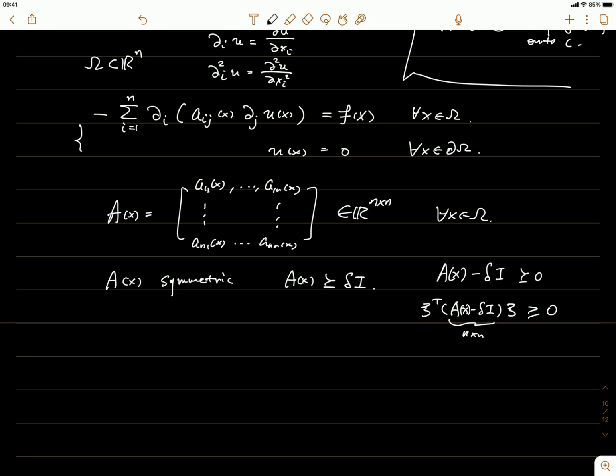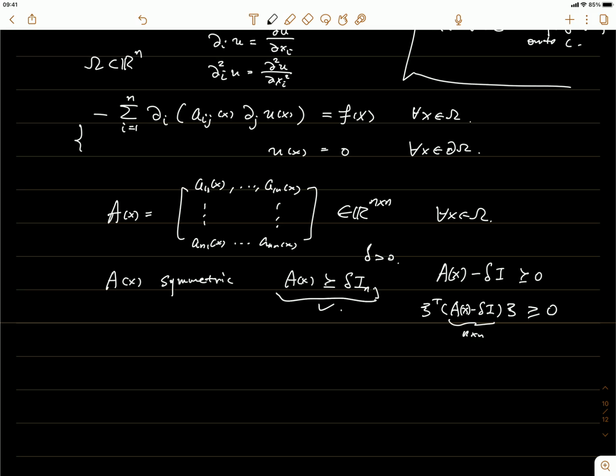The left-hand side becomes a scalar, it should be greater than or equal to 0. This is what this one means. And this delta is greater than 0, some scalar. This I is an n by n identity matrix. Okay, we do assume that it's symmetric, and also it satisfies this.